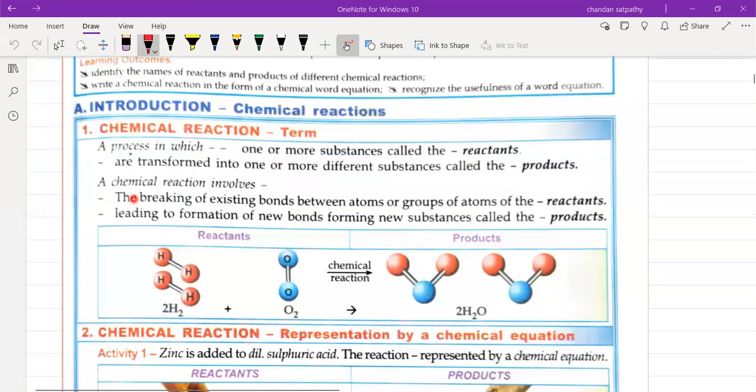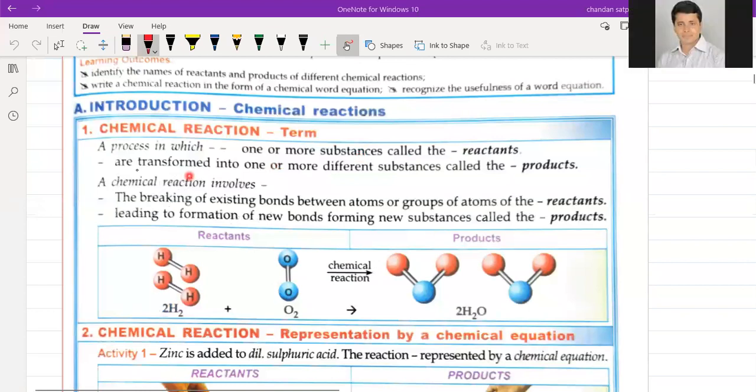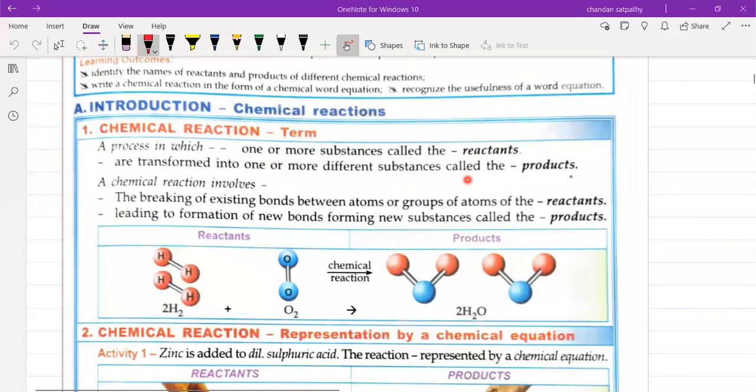A process in which one or more substances called the reactants are transformed into one or more different substances are called products. So what happens in a chemical reaction?